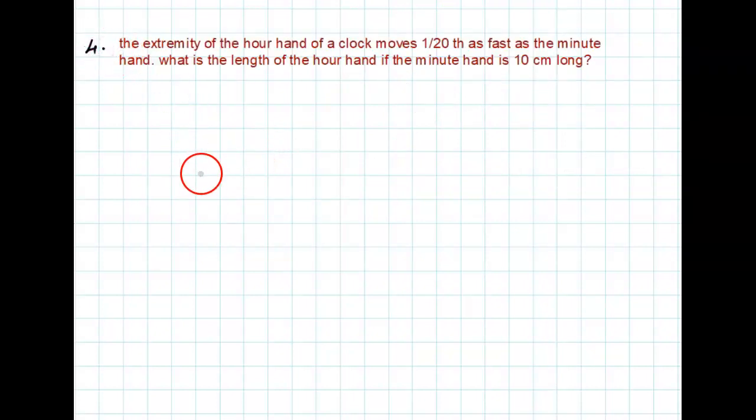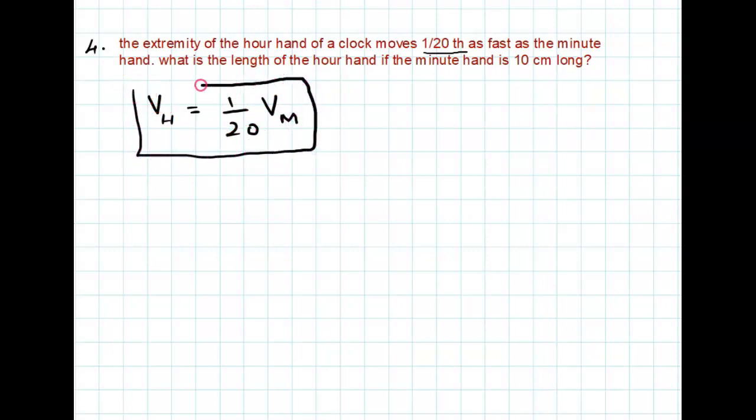The extremity of the hour hand of a clock moves 1 over 20th as fast as the minute hand. So the velocity of the hour hand is 1 over 20th of the velocity of the minute hand.